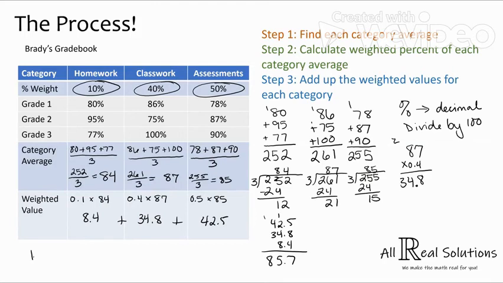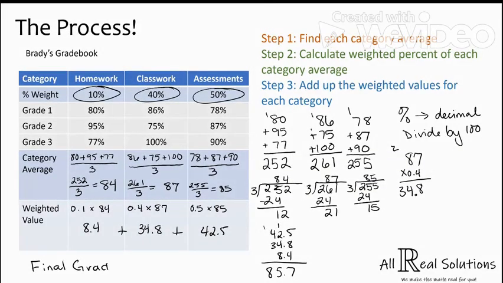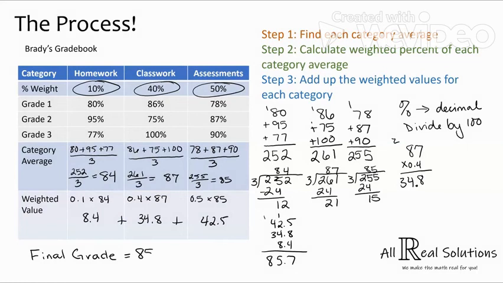We get 85.7. So his final grade, still a B, which we expected because he has a B in everything, is equal to 85.7%. B. So good job, Brady. And that's how you calculate your weighted values if you have category grades where each one's weighted with a different percent.